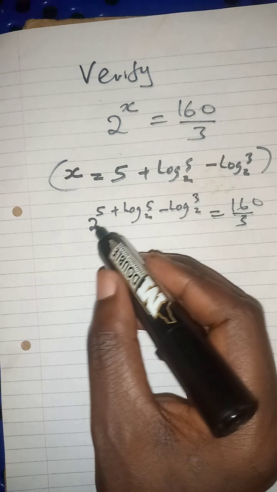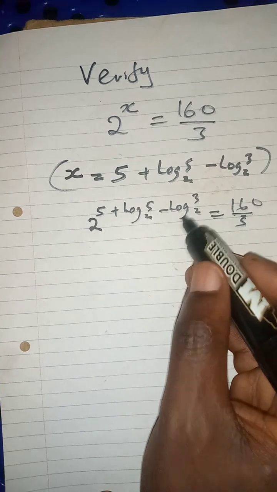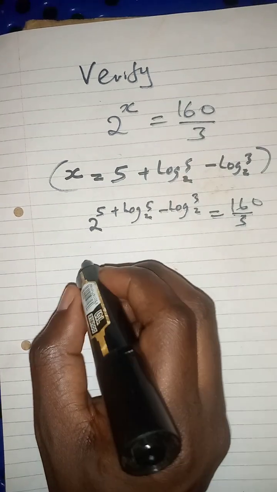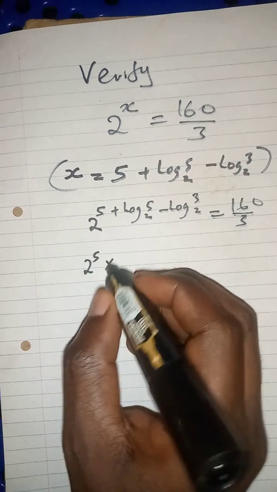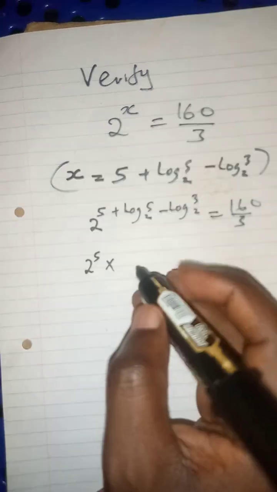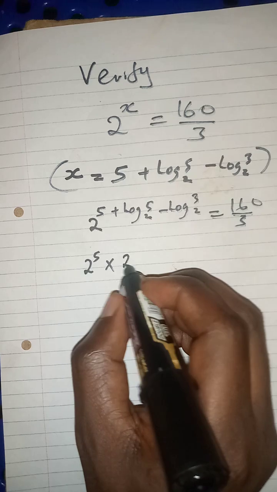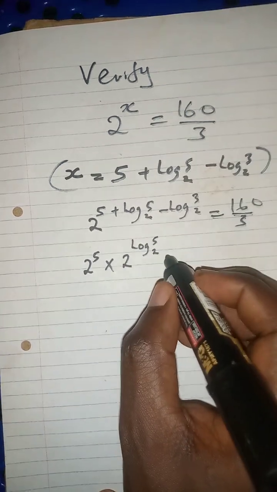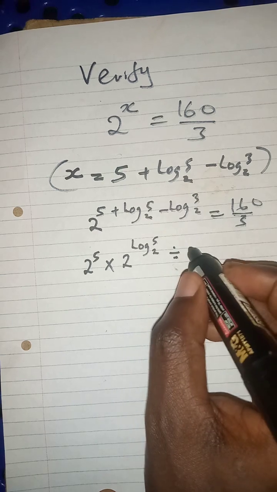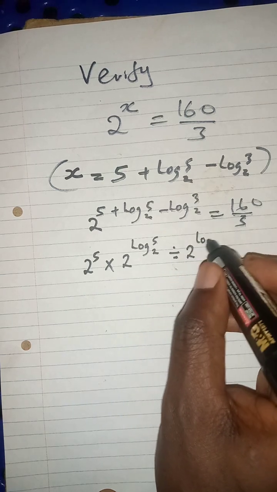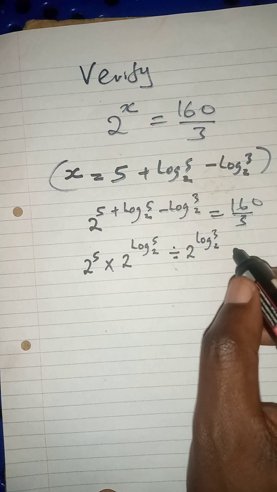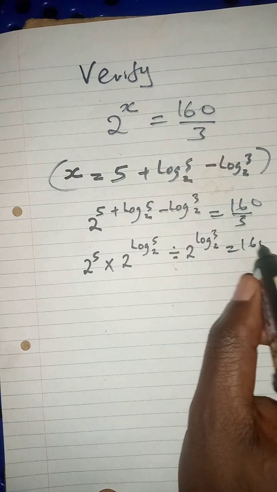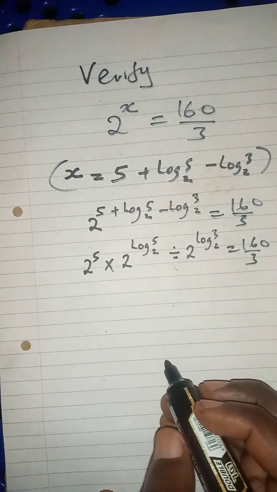Well, at this stage, I'm adding the powers, so I'm going to separate by multiplying the bases. So it is 2 raised to 5 multiplied by 2 raised to the log of 5 base 2, then divided by 2 raised to the log of 3 base 2.